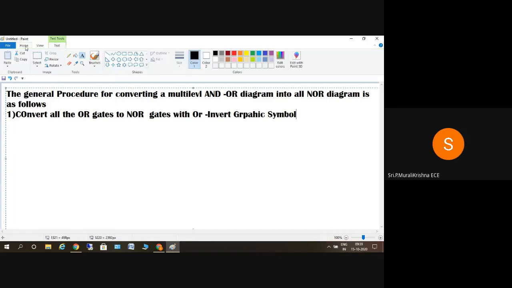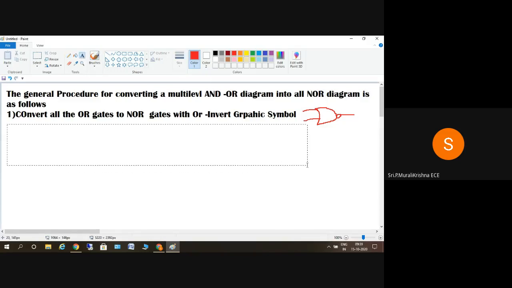The symbols will be like this. This is the OR gate, and you insert a bubble for the OR gate here. So that will become a NOR gate. That is the first step.